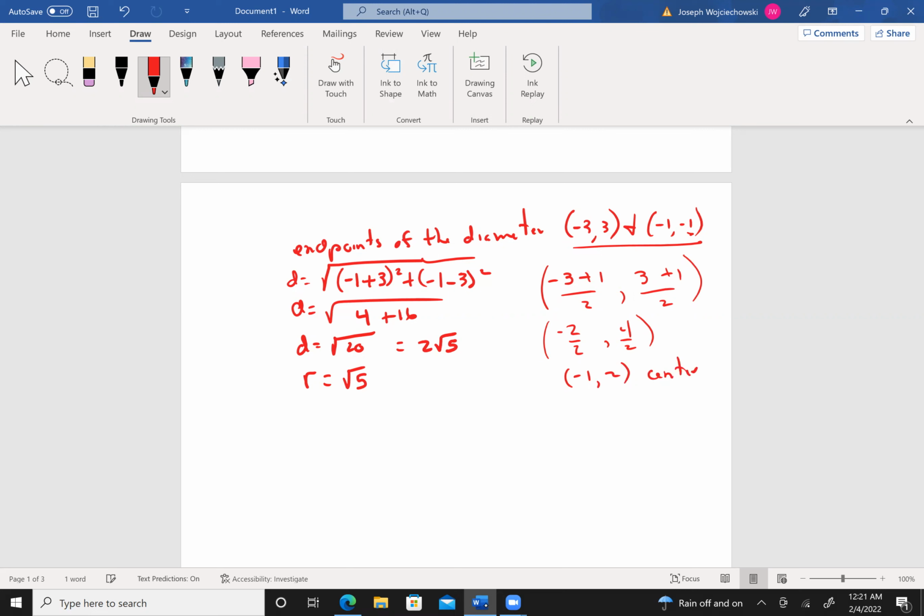So now I have x minus -2, so x plus 2 squared, plus y minus 1 squared equals square root of 5 squared, which is 5. That would be my circle. Center at -2, 1, radius of the square root of 5.